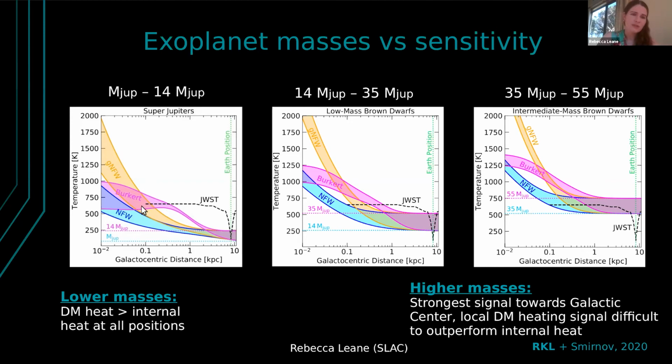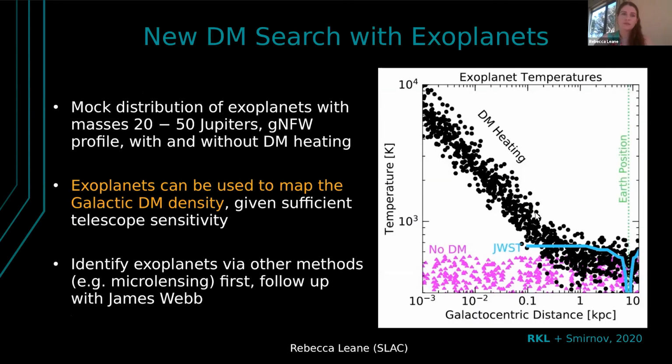When you start looking towards the center of the galaxy, because they're lighter, they have less of this gravitational focusing, and they're just capturing less of the dark matter. So you only get the edge of a couple of these profiles potentially. So it seems like for these lighter masses, they're more optimal to use in the local position rather than towards the center. Compared to when you start thinking about these heavier masses, the local position is useless, but towards the center of the galaxy, you can quite clearly see a signal.